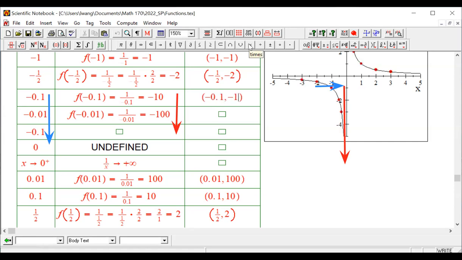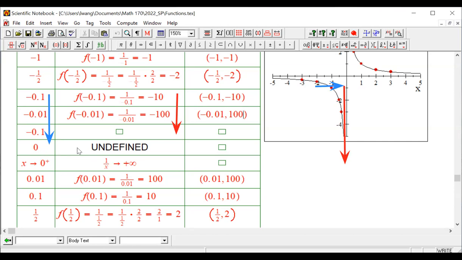-0.1, the output is -10. If the input is -0.01, the output is -100. That shows the phenomenon on this side, at this corner.